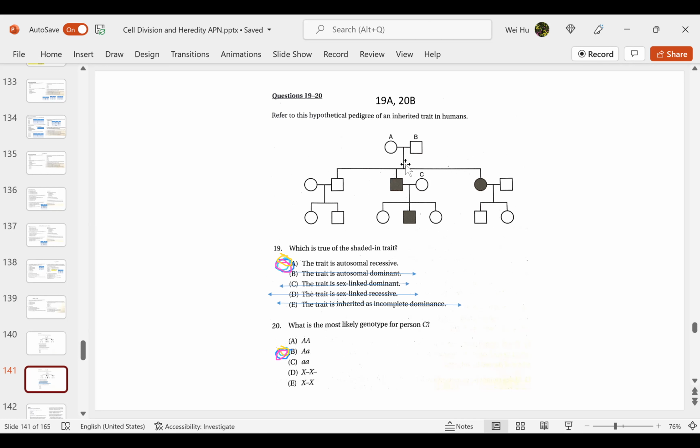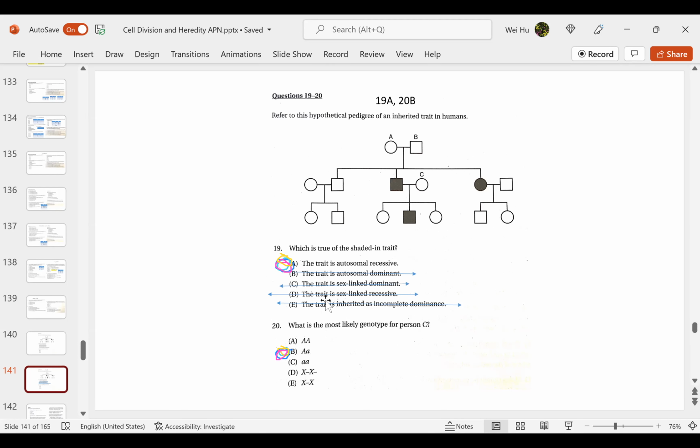That's impossible because we already assumed that this is an X-linked recessive disease. So for this case, the daughter cannot have the disease because there are two alleles carrying the recessive allele.